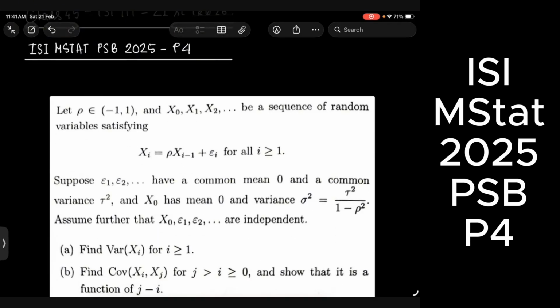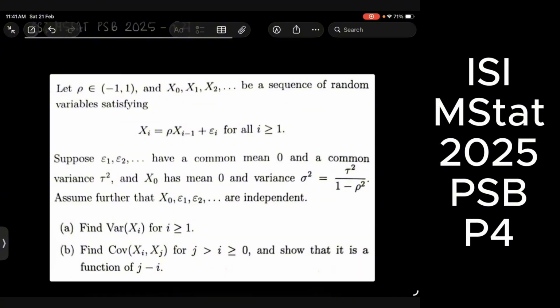So where it is given that x0, x1 up to xn and so on is a sequence of random variables. Okay. And rho is the correlation coefficient.